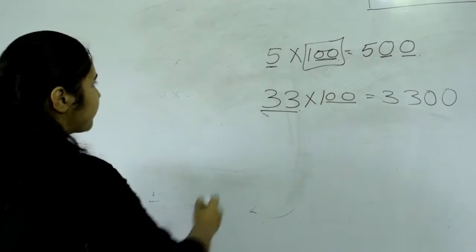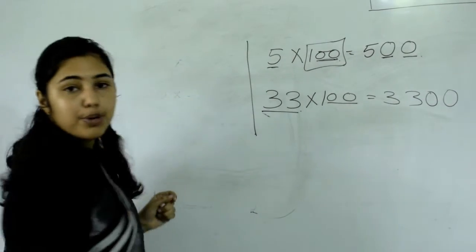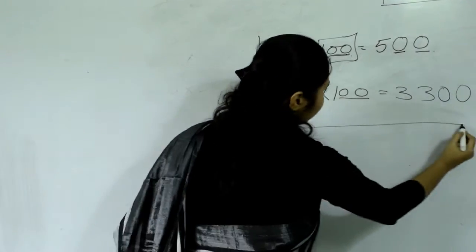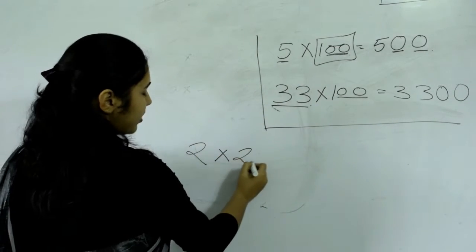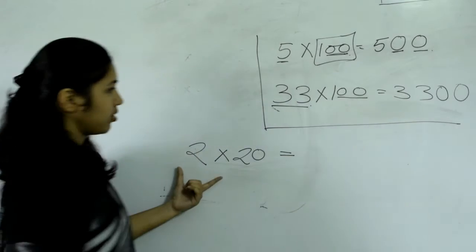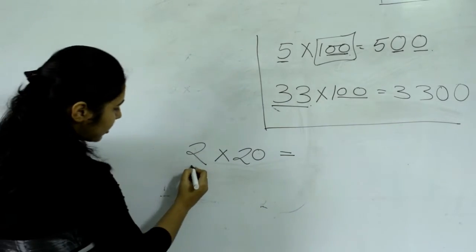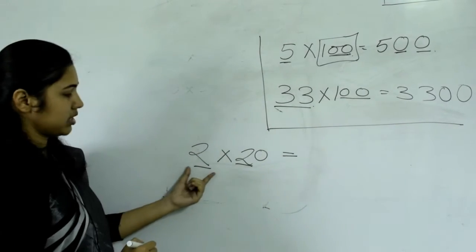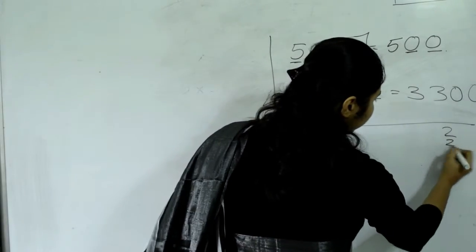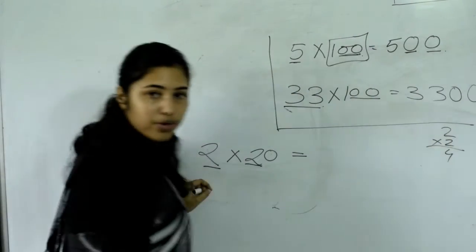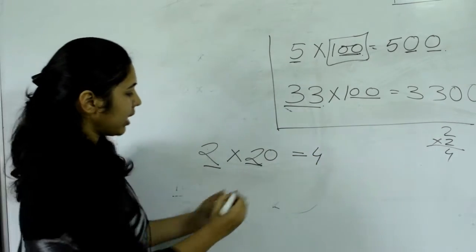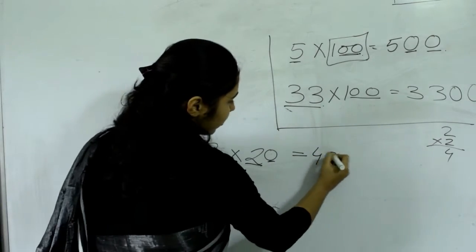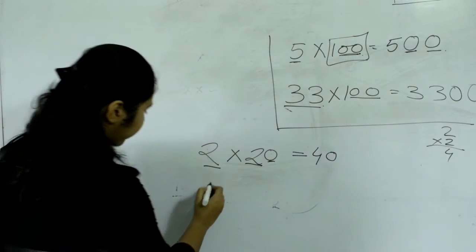Now, tell me, if we multiply 2 with 20, first of all multiply these two digits, 2 and 2. We know that 2 twos are 4, right? So first write 4 and then add 1 0 in ones place.